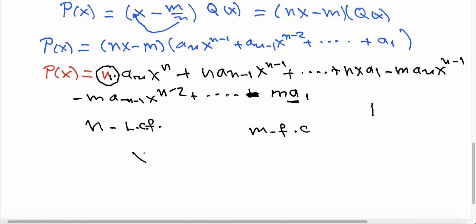And we already know x was equal to m divided by n. And this one is a leading coefficient factor. So as we see here in the end, m is a factor of the coefficient, and n is a leading coefficient factor. And this is just a coefficient factor.